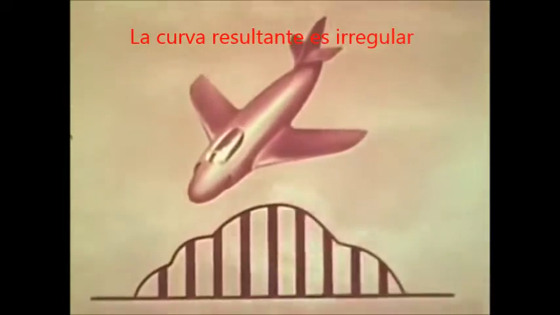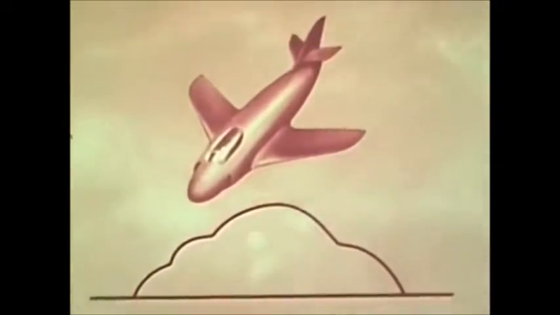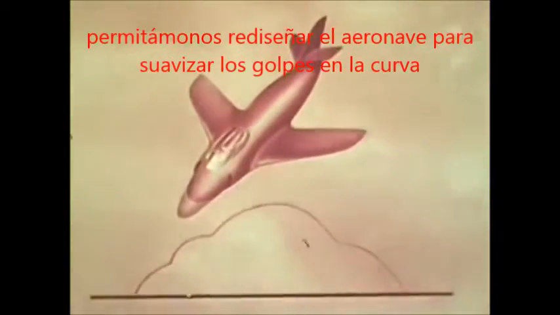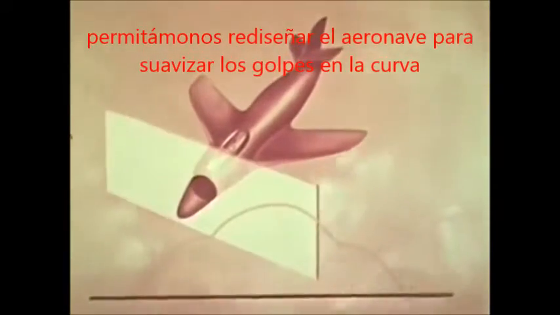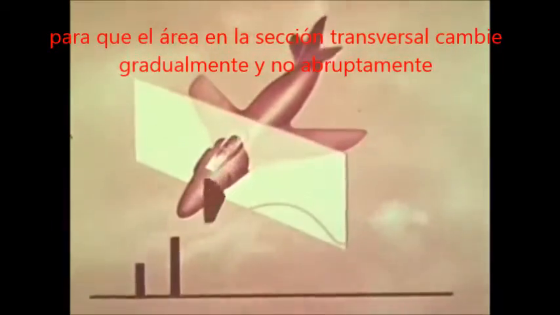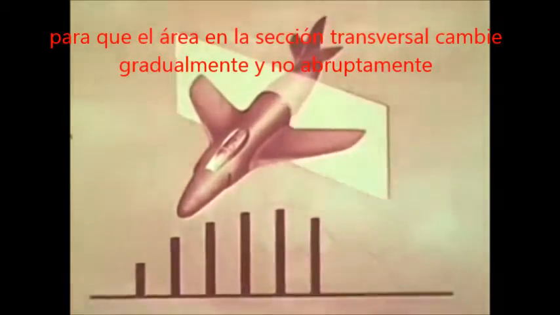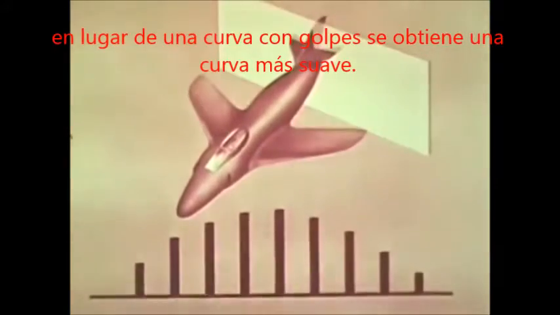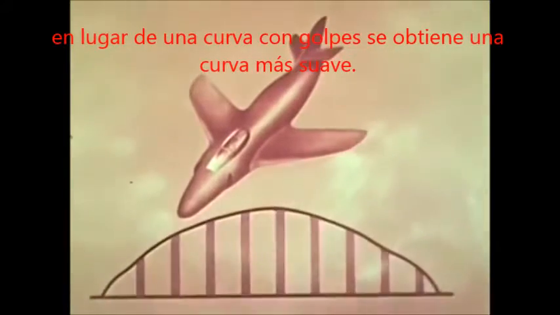The resulting curve is irregular. Let us redesign the aircraft to smooth out the bumps in the curve, so that the cross-section area changes gradually and not abruptly. So instead of the curve with bumps, a much smoother curve is obtained.